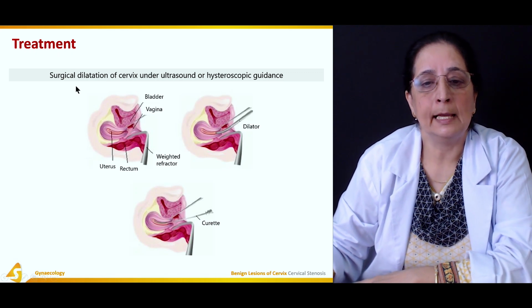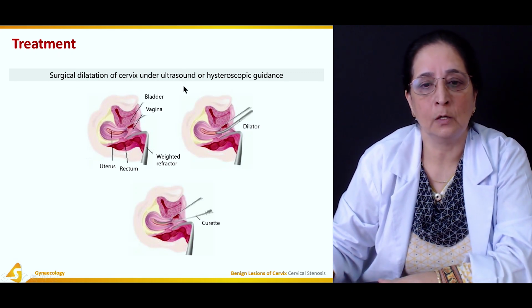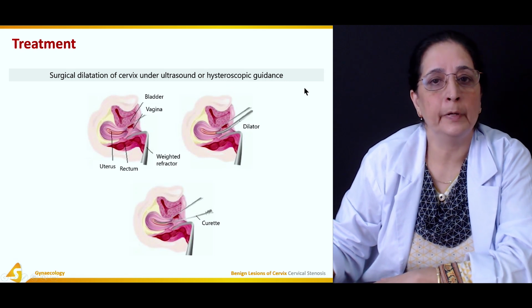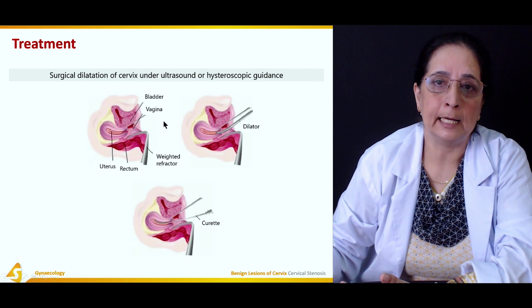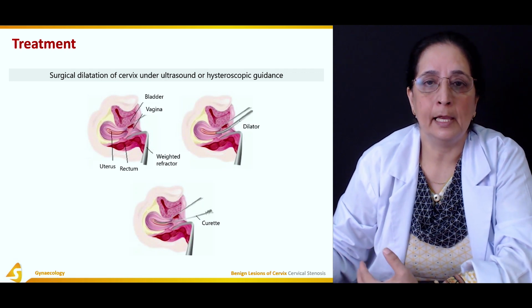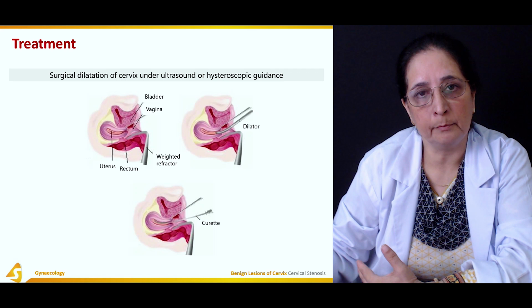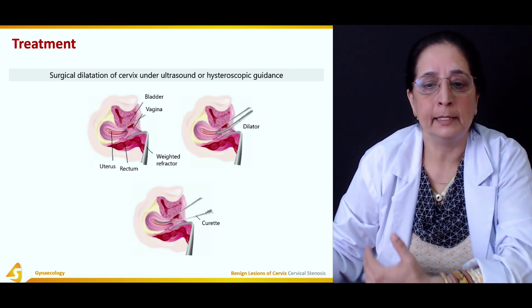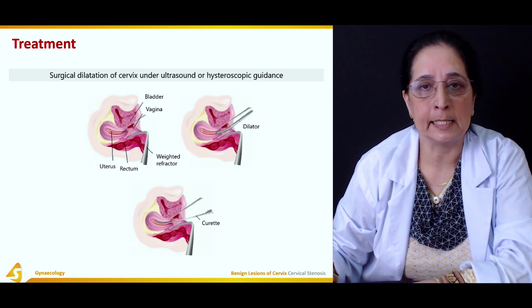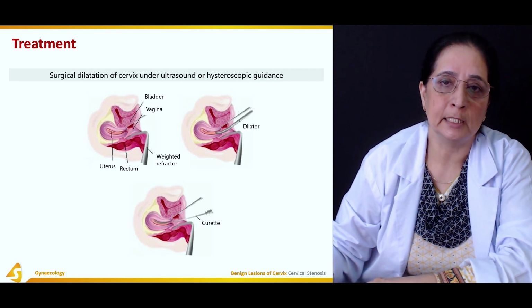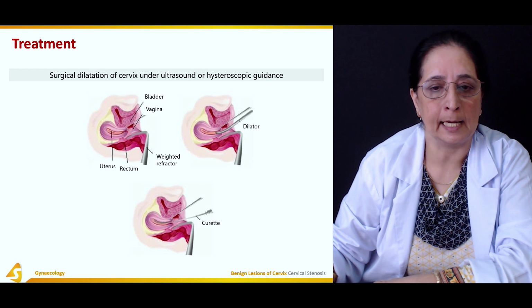So, surgical dilation under ultrasound or hysteroscopic guidance. Guidance is required to perform the dilation of the cervix, and that guidance can be done by ultrasound or by the use of a hysteroscope, with which you can directly visualize the stenosis and it can be dilated.